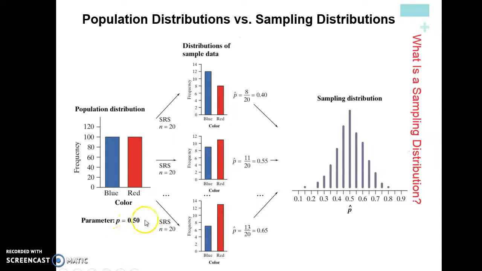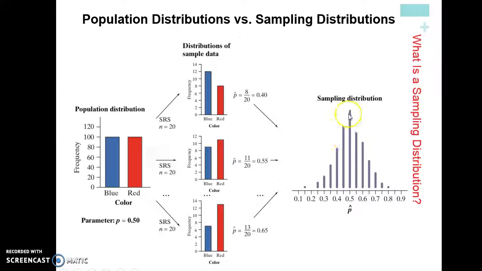So the parameter is 0.5. Now, when I take my samples, they could be different. This is 40% red, 55% red, 65% red. When I put all of those possibilities together in a distribution, that is my sampling distribution. This is the proportion of samples that would be 50% red, this is the proportion of samples that would be 45% red, and so on and so forth.